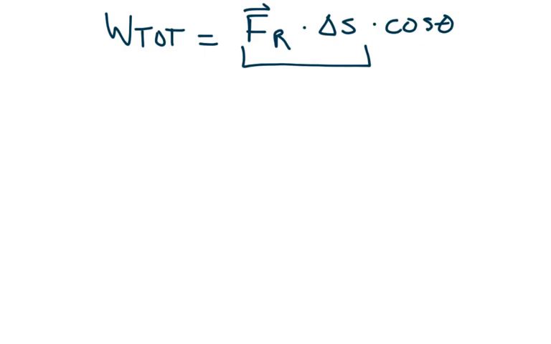Now, the work energy theorem tells us that work total can also be defined by the difference of the final kinetic energy versus the initial kinetic energy. In other words, the change in kinetic energy in two different instances.